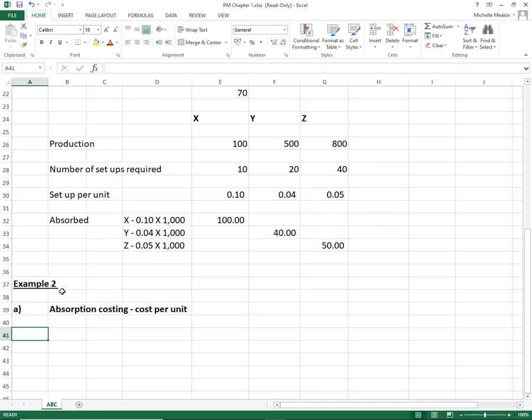So starting with A, Trim Lake Limited makes 3 main products using broadly the same production methods and equipment for each. A conventional product costing system is used at present, although an activity-based costing, ABC, system is being considered. Details of 3 products for a typical period are given: the hours per unit using labour or machine, the materials per unit, as well as the number of units for products X, Y, and Z. Direct labour costs are $6 per hour.